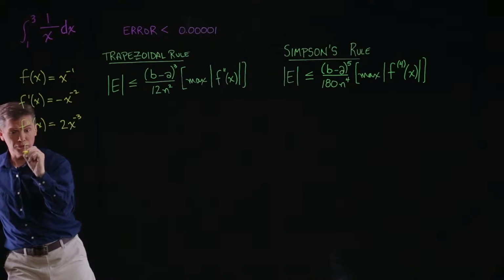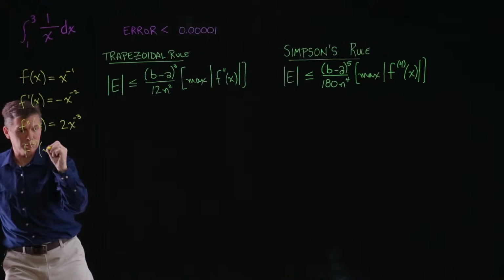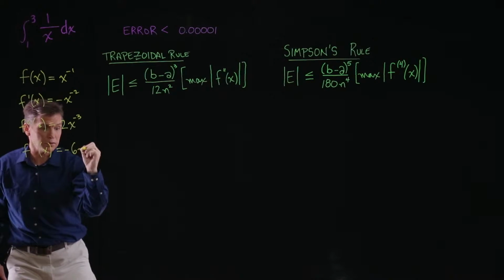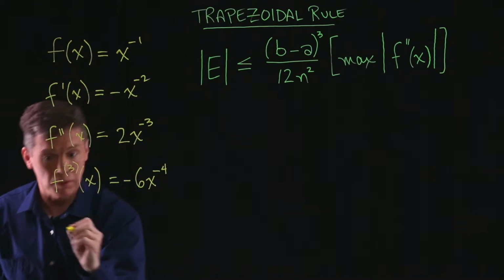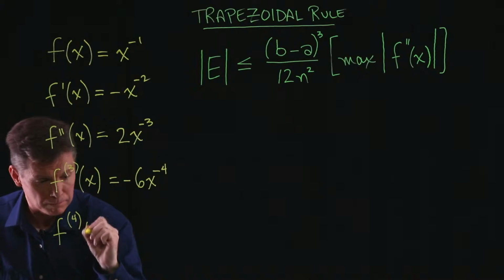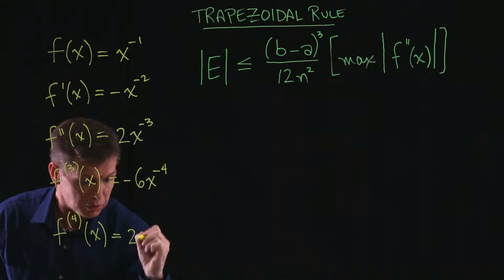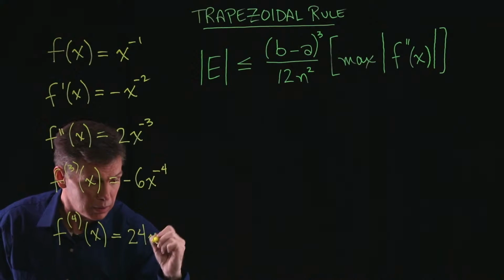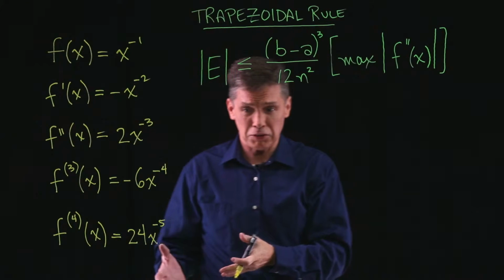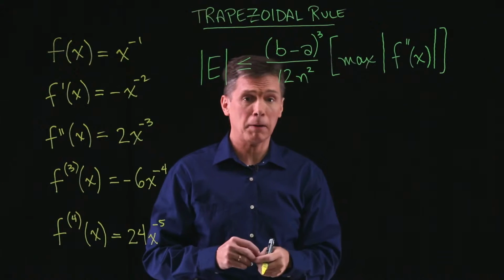I do need that fourth derivative, so let's go 2 more steps. Minus 6, x to the minus 4th, and that fourth derivative, positive 24, x to the minus 5th. That was the most intense calculus that we'll do in this problem, but we do have a little bit of an algebra challenge. Let's get to that.